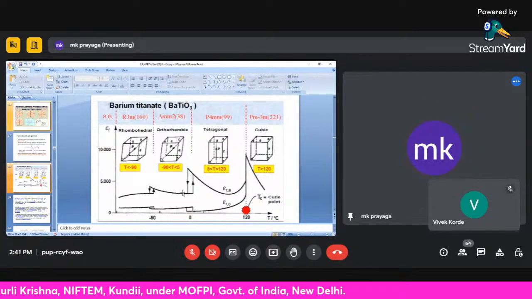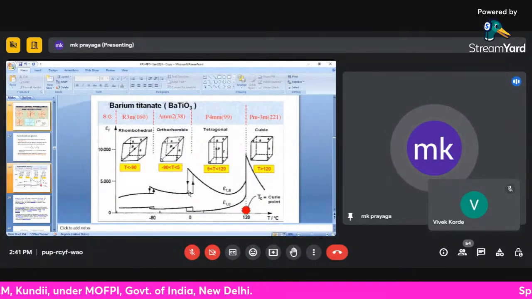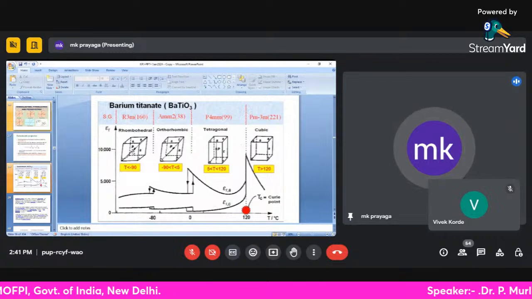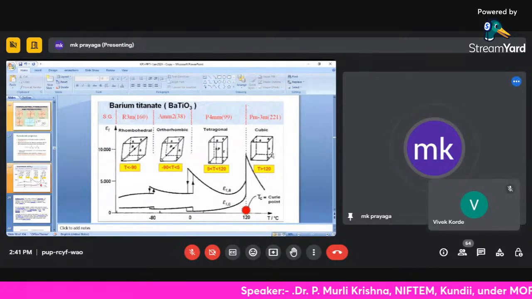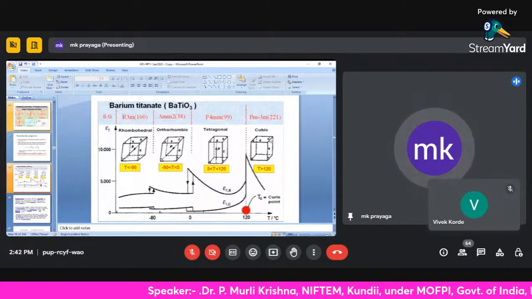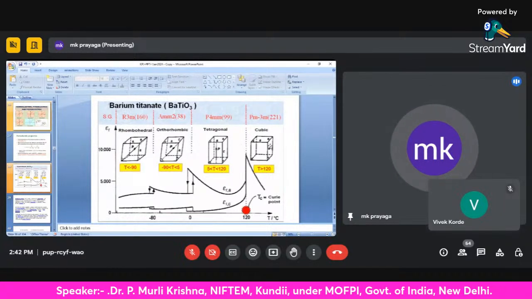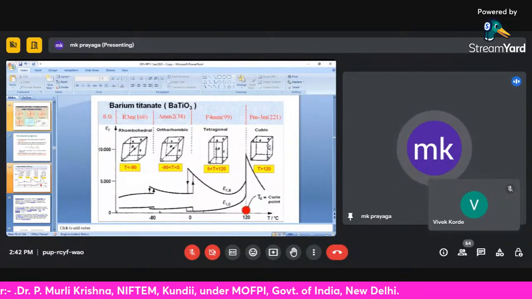Barium titanate basically will show four different phase variations, from rhombohedral, orthorhombic, tetragonal to cubic. The cubic structure is a symmetric structure where you don't find this ferroelectric nature.